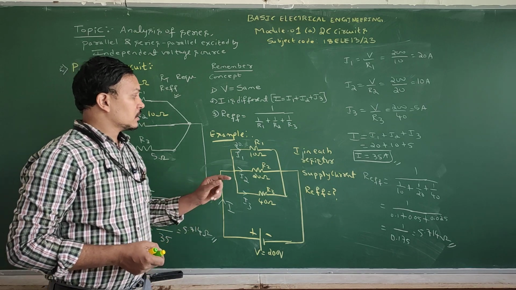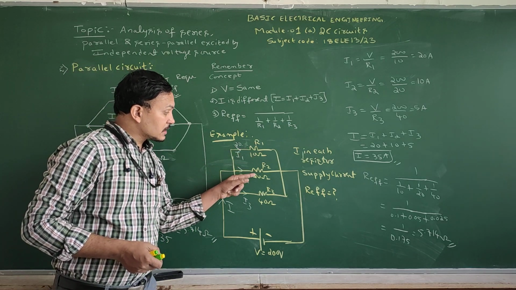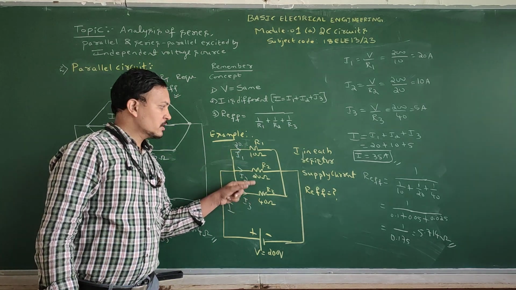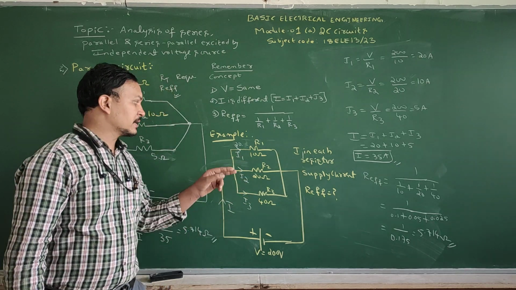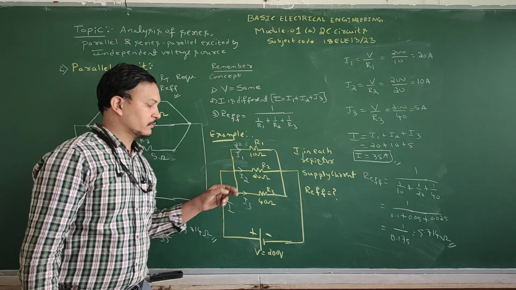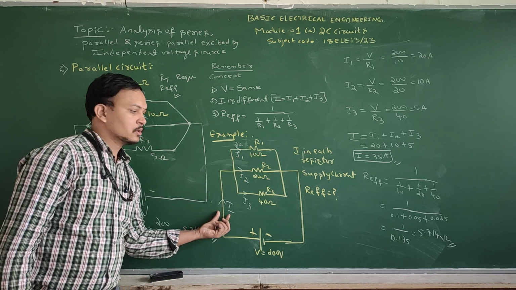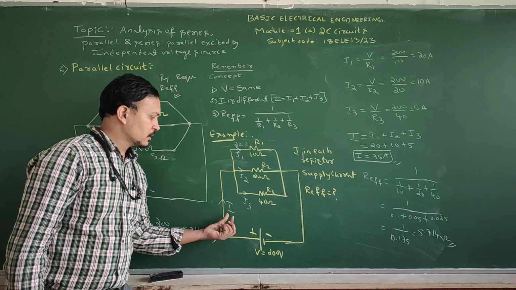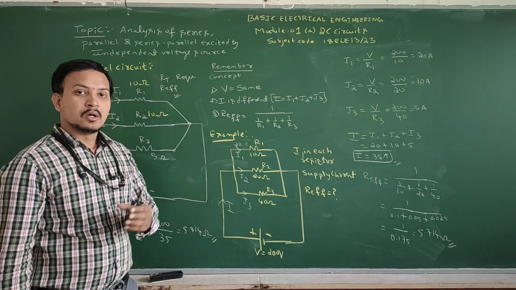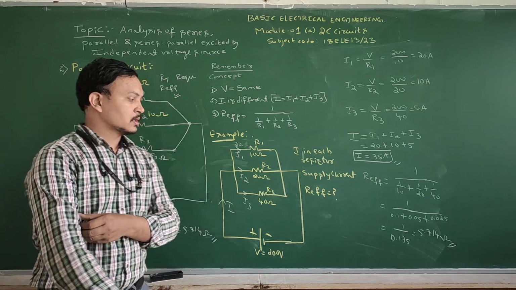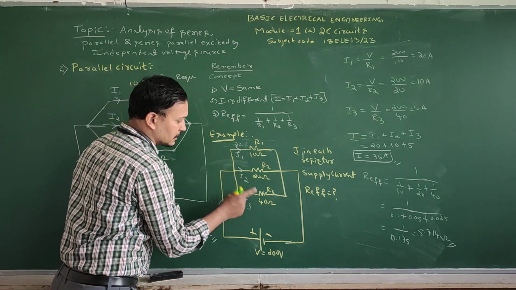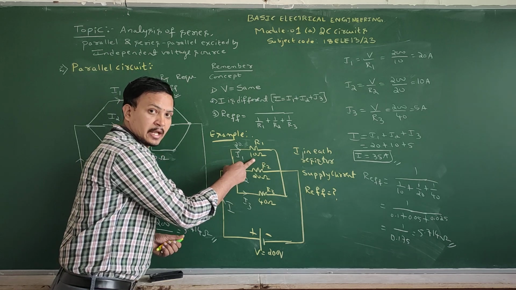Next is observation. What does observation mean? Which one is having least resistance value? That resistor will carry more current from the supply current. So if the supply current is 35, in that 35 ampere current, more current flows in a branch which is having less resistance. So out of this 10, 20, 40, which one is having less? 10 ohm resistance.